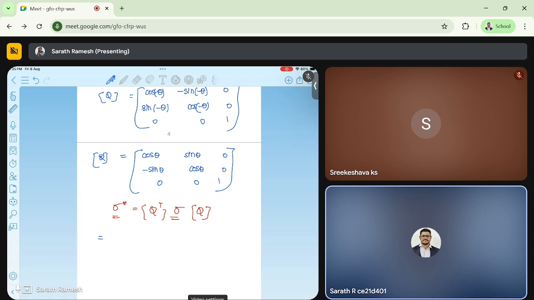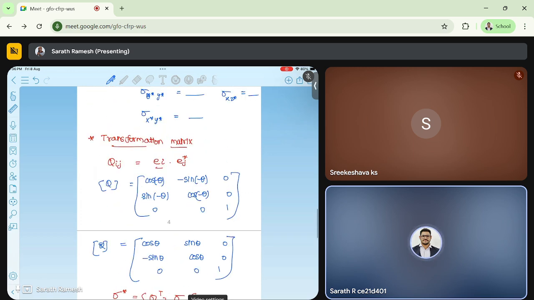Cos 60 is 0.5. It is a transpose, so negative here, 0.866, 0.866, 0.5, 0, 0, 0, 1. This is Q transpose.